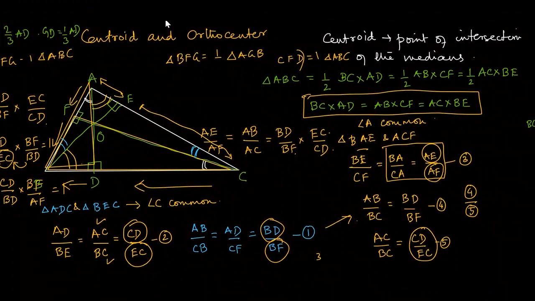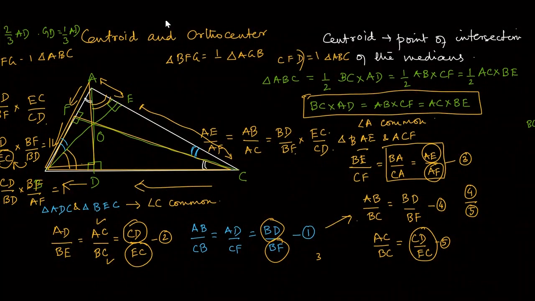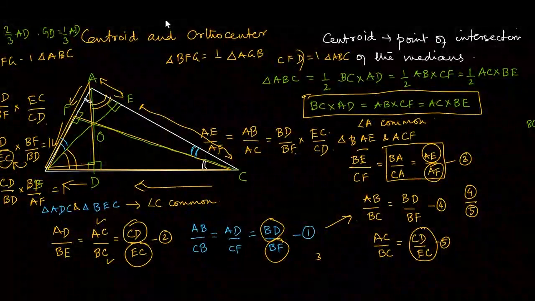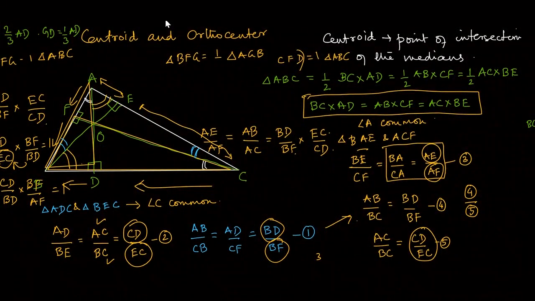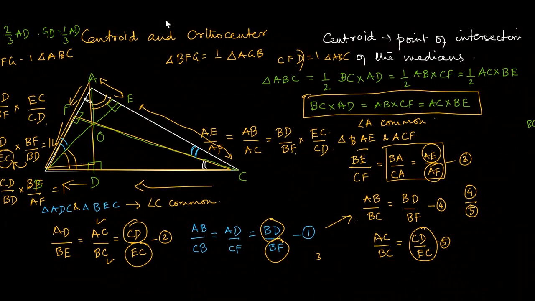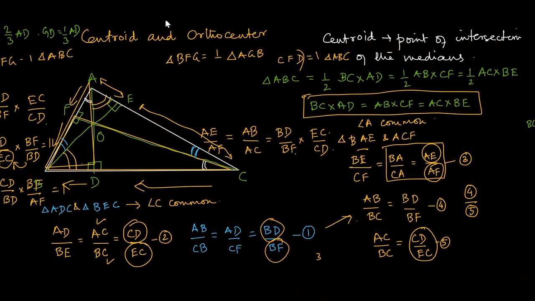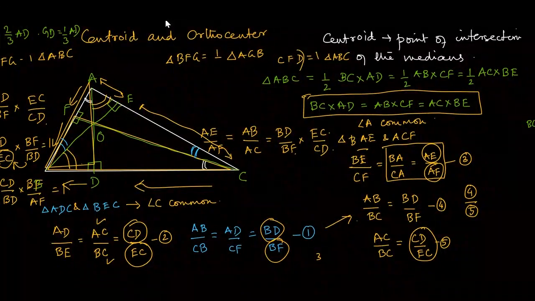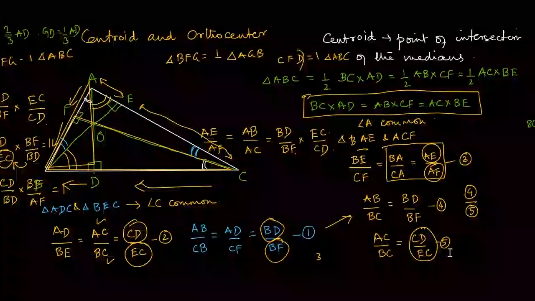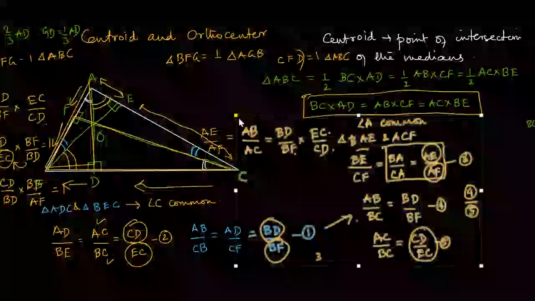Or you will be asked to find the sum of the angles ACF, angle CAD, and angle BCF, right? So these are different ways that questions can be framed. That's why I'm showing you this.